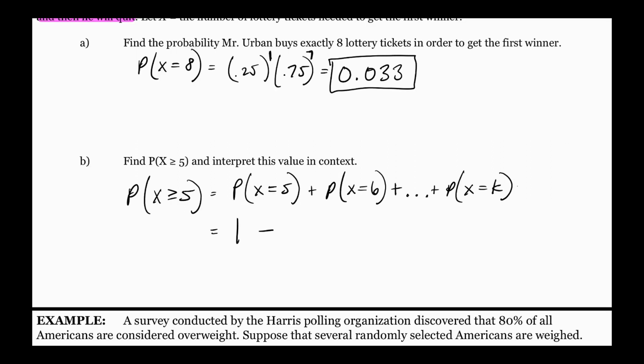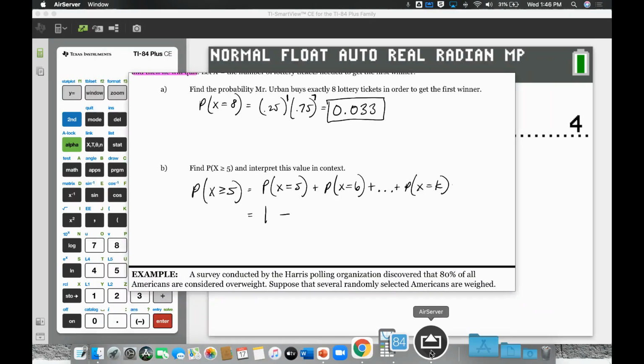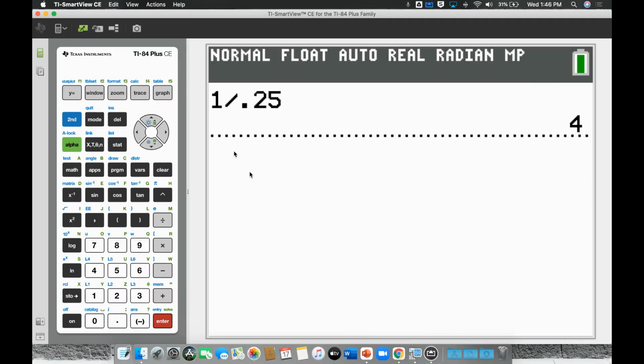Okay, so you go distribution, geometric CDF, right? Probability of success is 25%, just like the last one.